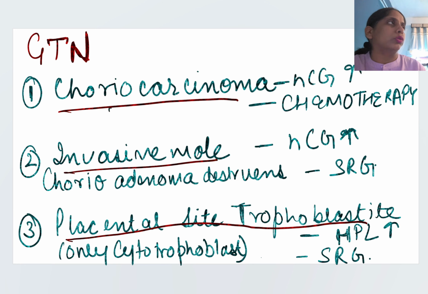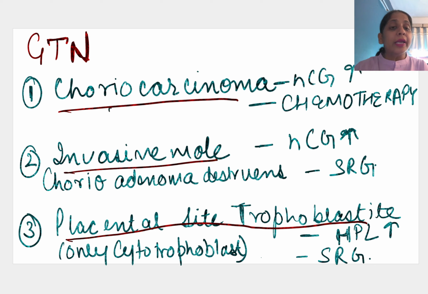The other condition is invasive mole, whose other name is chorioadenoma destruens. And the third is placental site trophoblastic tumor. These are the three conditions which come under gestational trophoblastic neoplasia, not partial mole and complete mole.